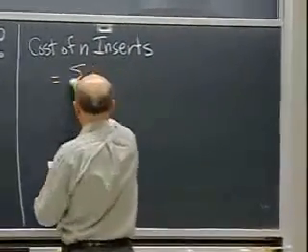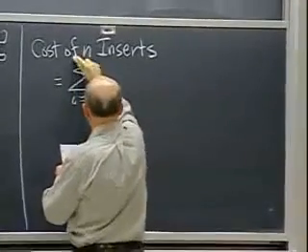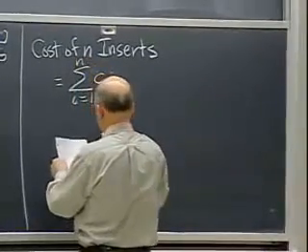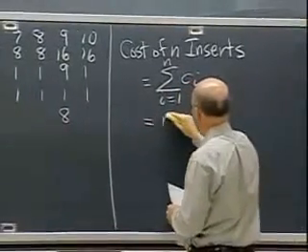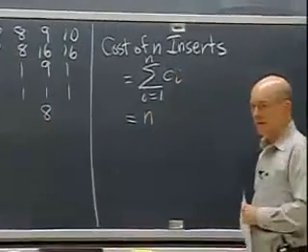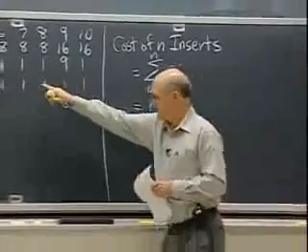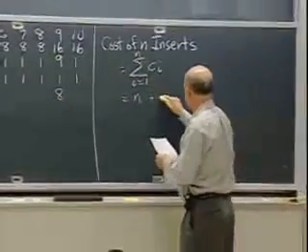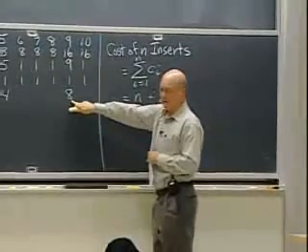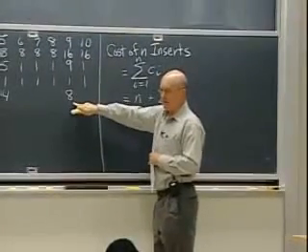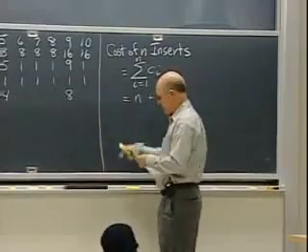That's just the sum from i equals 1 to n of c_i, which by this analysis is essentially n, because that's what this thing adds up to, plus I just have to add the powers of 2 up to but not exceeding whatever my n was.